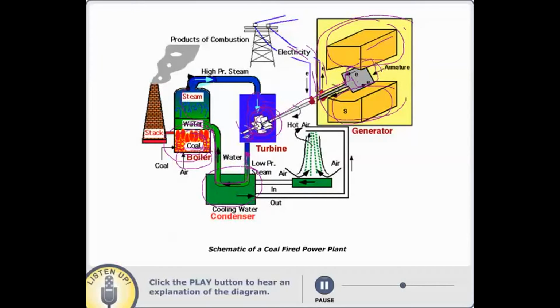When we turn the steam into water, that energy goes into the cooling water, and this water turns into warm water, and this warm water is sent all the way up to this cooling tower.